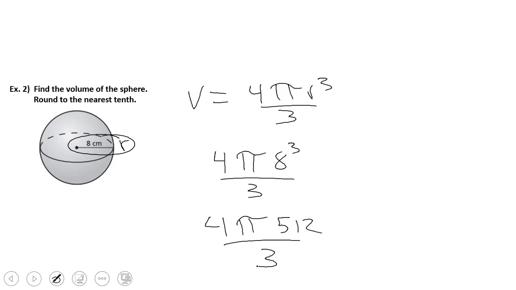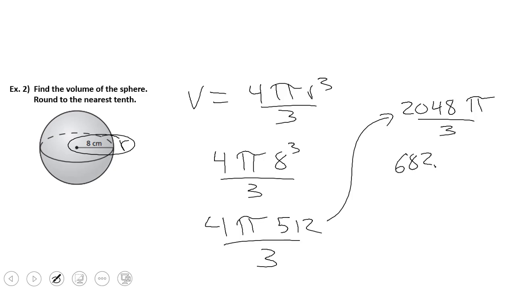And then we're going to take 512 and multiply that by 4. And we get 2048 pi divided by 3. And when we divide that by 3, we get 682.6 repeating pi, and then it would be centimeters cubed, and that would be our answer in terms of pi.